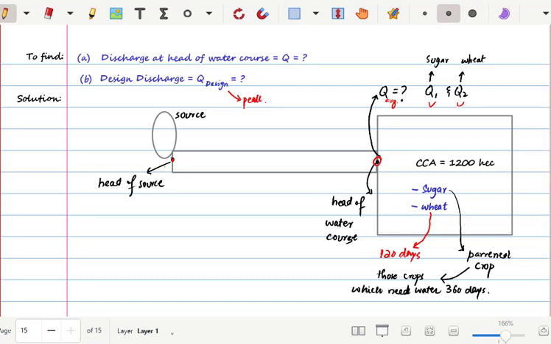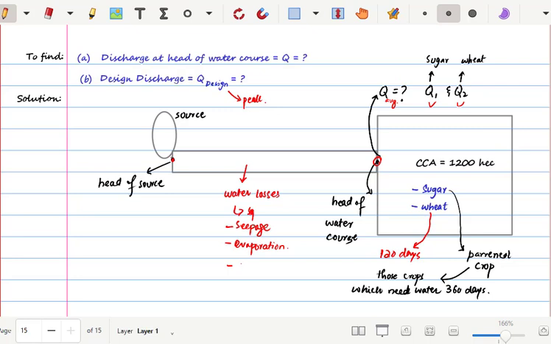So the peak discharge value is going to be at the head of the source, because in between the head of the source to the head of the water course, there are going to be some water losses in the form of seepages, or maybe in the form of evaporation and other sources like evapotranspiration.